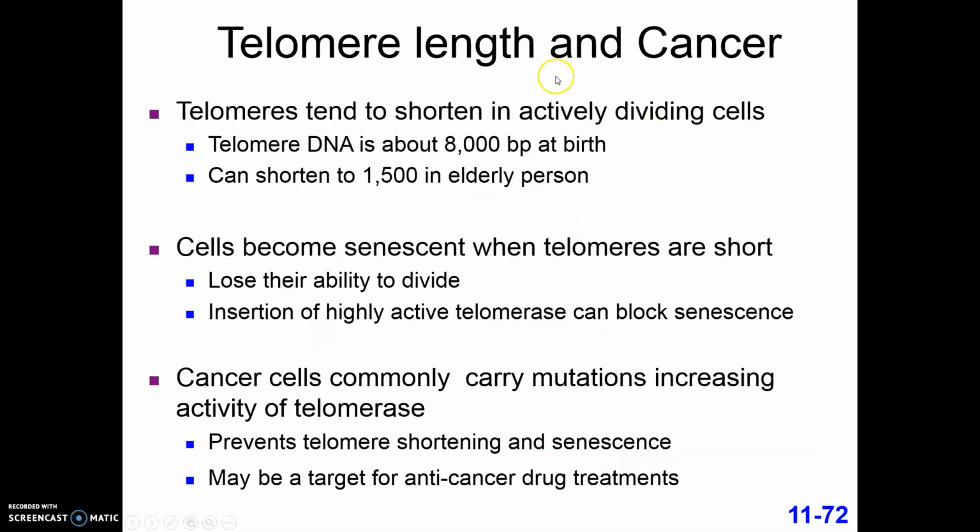So as we mentioned in class, there is a relationship with telomerase activity in both aging and cancer. When we're born, we have very highly active telomerase. As we get older, our telomerase activity decreases over time. And for a lot of cells, that is not an issue.